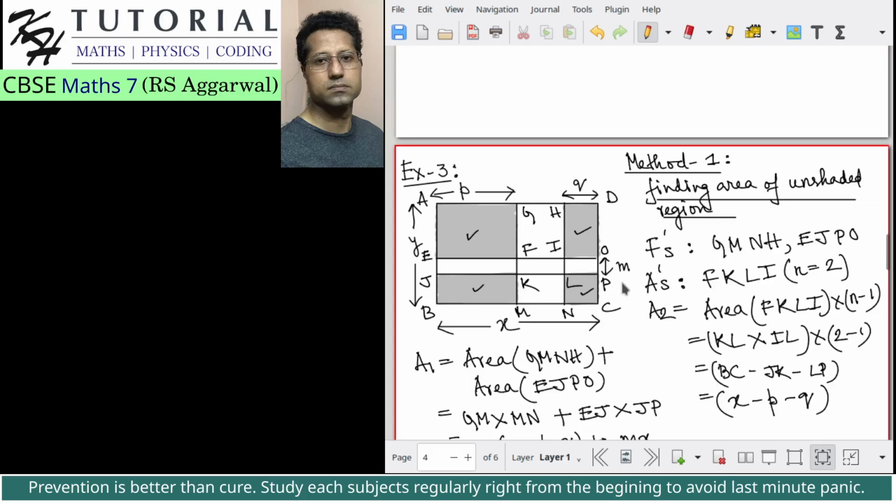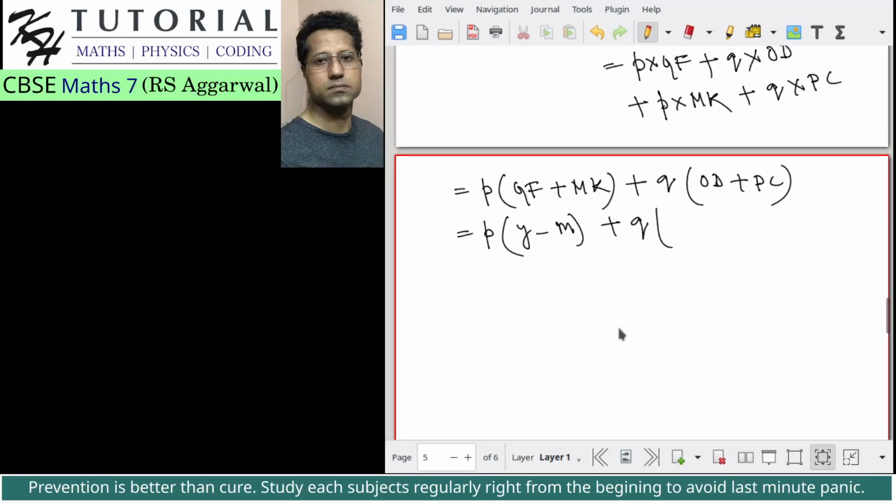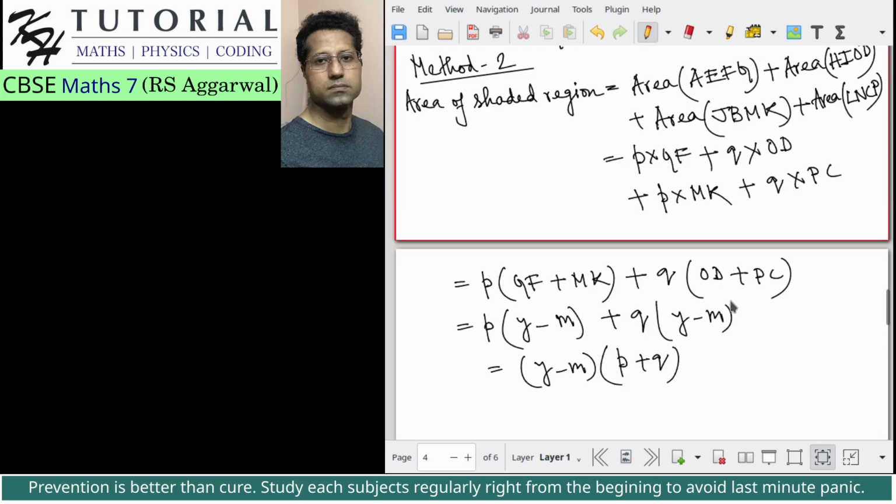OD plus PC also I know is Y minus M. So this is equal to Y minus M multiplied by P plus Q. Okay, so using method 1 also, we were able to find the area of the shaded region.